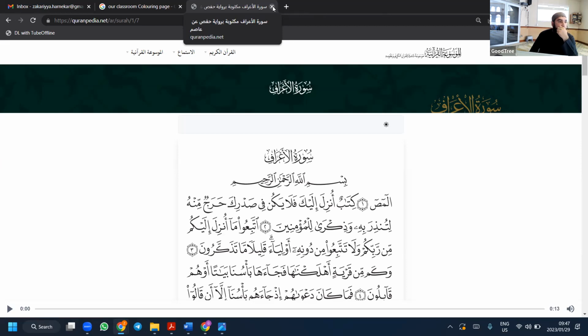The present tense will start with a ya, ta, hamza, noon. You just focus on the noon before the first root letter. And then the last one, sin and ta before the first root letter. And that's it.